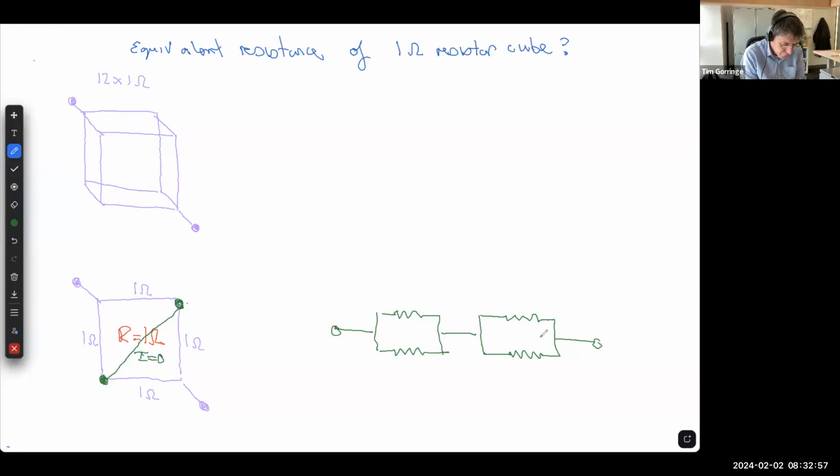So here's the equivalent circuit to the square, the 4 resistor square with the 2 terminals where I've added this extra wire. If you look at this circuit now, where I've redrawn it here, here's the terminal, that's the top left. The current flows in through that terminal.